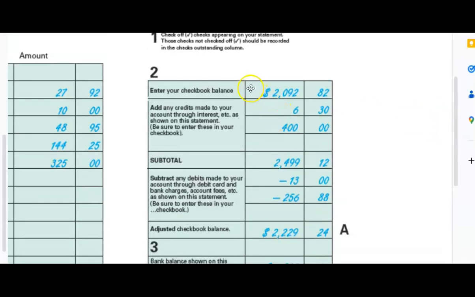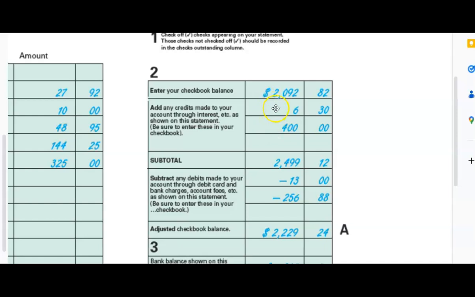Okay. Then from your check register, you would enter your checkbook balance in this section. If you had any credits made to your account, this includes interest earned in your bank account. This could also be electronic funds transfers, so payments that were automatically sent to your checking account but you didn't record.